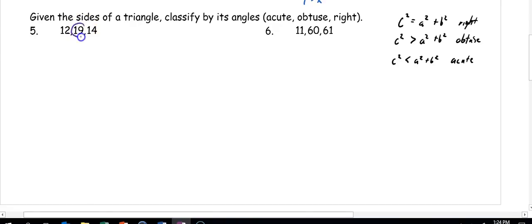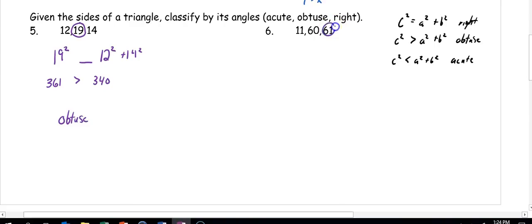So in number 5, 19 is our largest side, so we're going to have 19 squared, leave a blank, 12 squared plus 14 squared. So we get 19 squared is 361, and 12 squared plus 14 squared is 340. So because 361 is greater than, this would be an obtuse triangle.